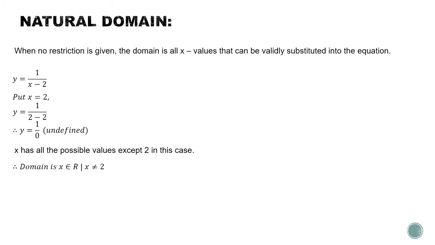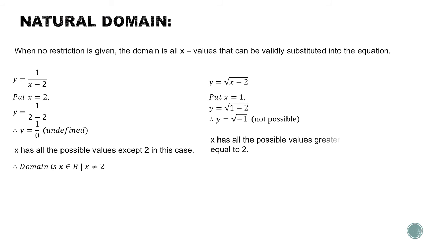Let's try to understand this thing further by taking one more example, this time of a square root. And once again, in this case you cannot put the value 1 or less than 2, because if you do that, the square root will become negative, which is once again not possible. So your x has to be either equal to or greater than 2 to get some value of y.